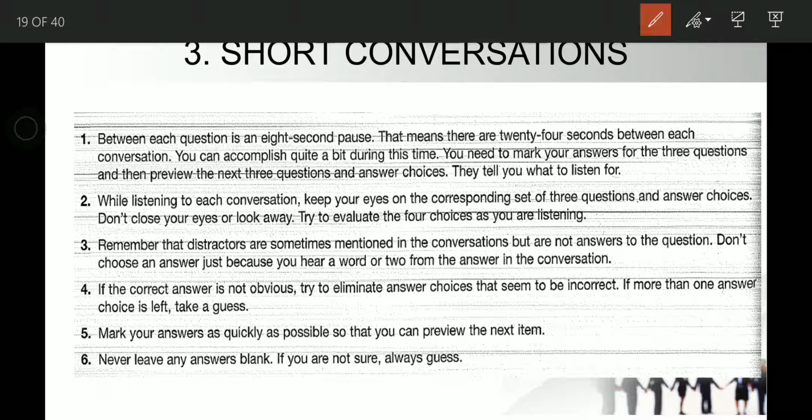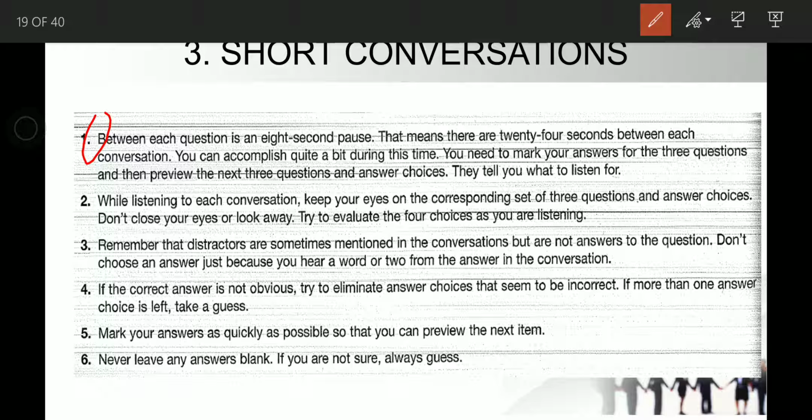Yeah, you have to know that between each question there is an 8-second pause. So the pause is only about 8 seconds. Yes, this pause is used to mark your answer in the answer sheet.